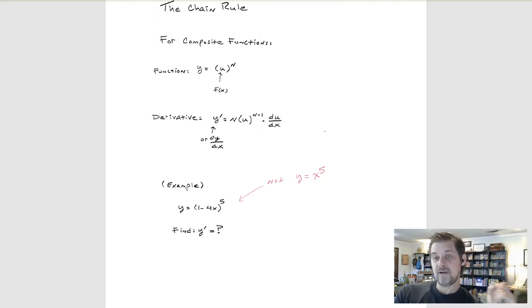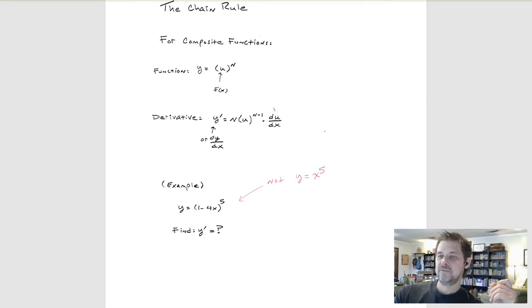Alright, so if you have a function, y equals u to the n power, then the derivative of that function, y prime or dy over dx, those are equivalent notations. The derivative is n, bring the power down, times u, whatever this u is here, to the power n minus 1, take 1 away from this power, then times du over dx, which is the derivative of this function here with respect to x.